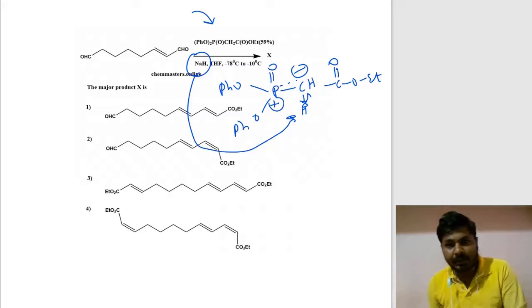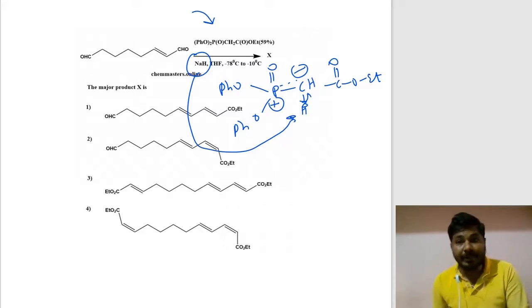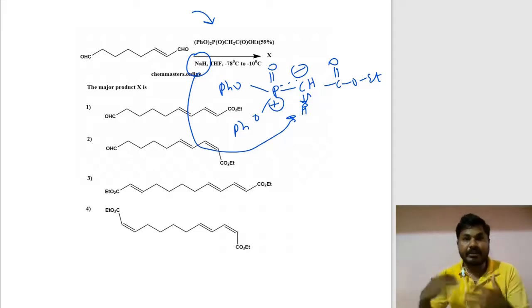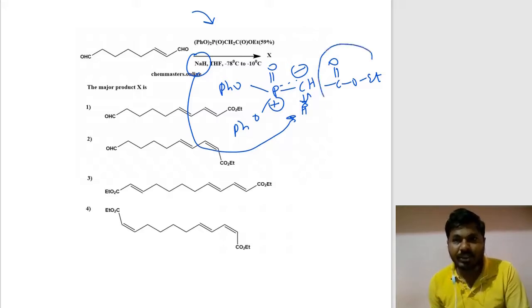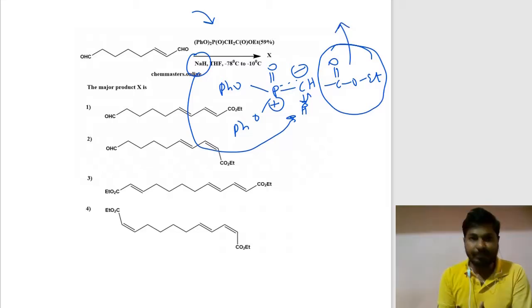Here the stereochemistry of the product alkene depends on various factors of the phosphorus ylide. We will come across these in our lectures, but here the size of the ester decides the stereochemistry of the product.